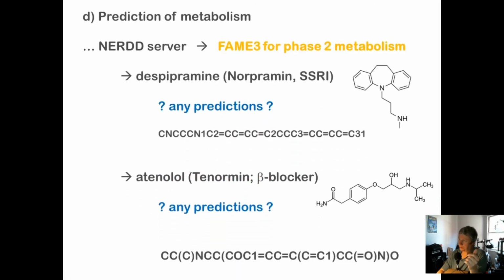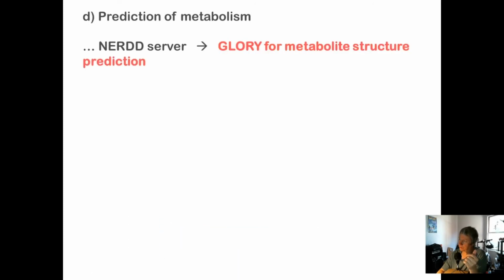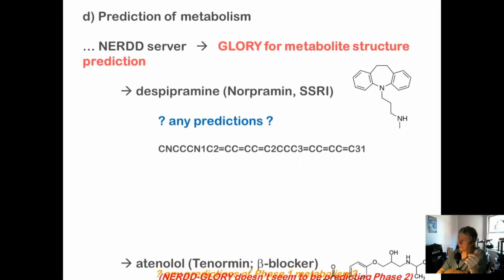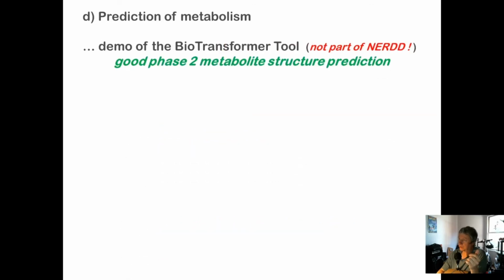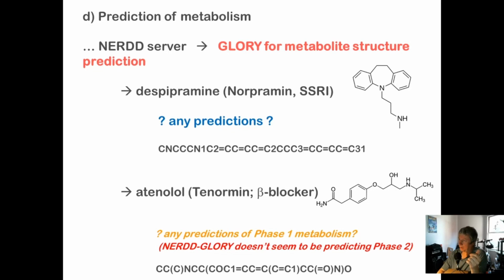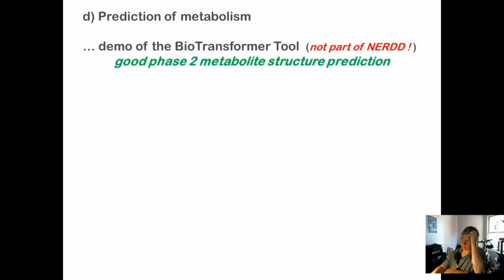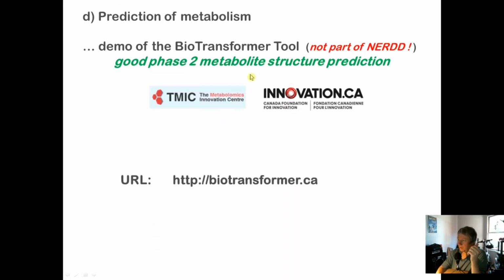What we're going to do ultimately is just try some different molecules. Okay, so what I am going to do though, we'll try this biotransformer tool. Well, this is in Canada, so it should be a little bit closer.